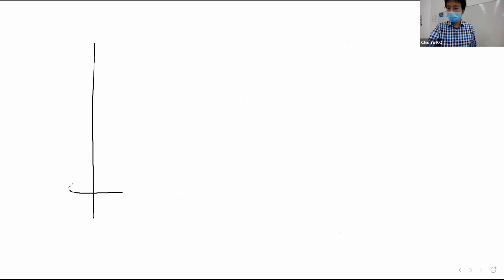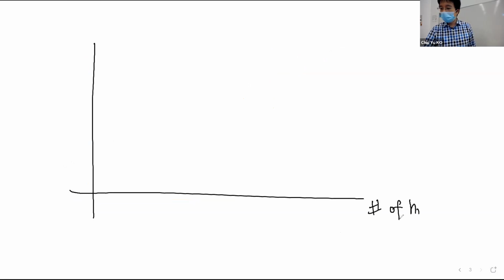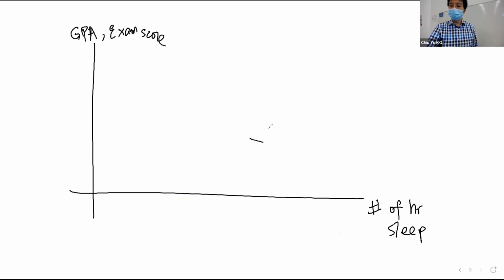Number of hours of sleep, and this is GPA or exam score. Suppose in our class it looks like this. This is maybe GPA 4 here. So what's the best fit line here?